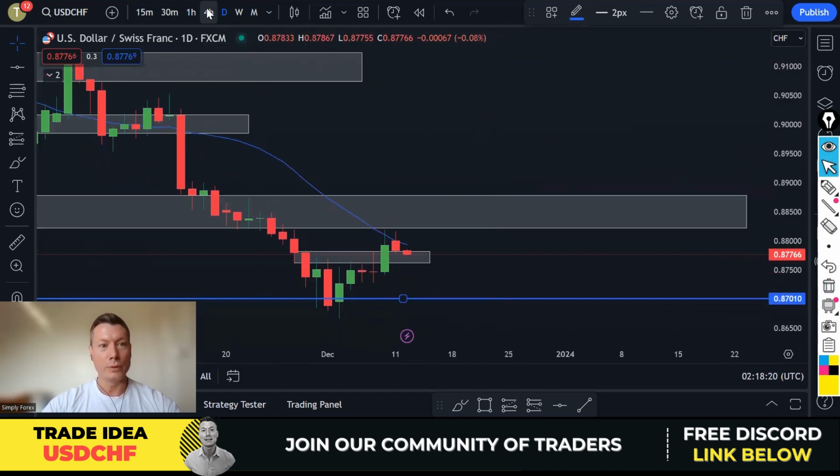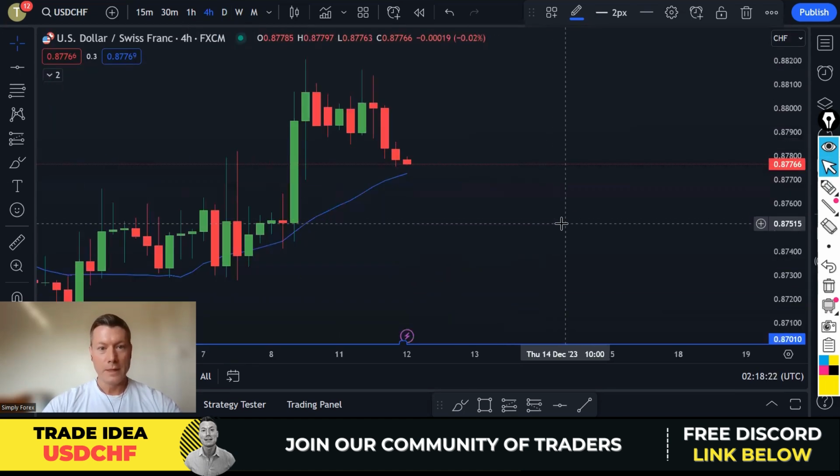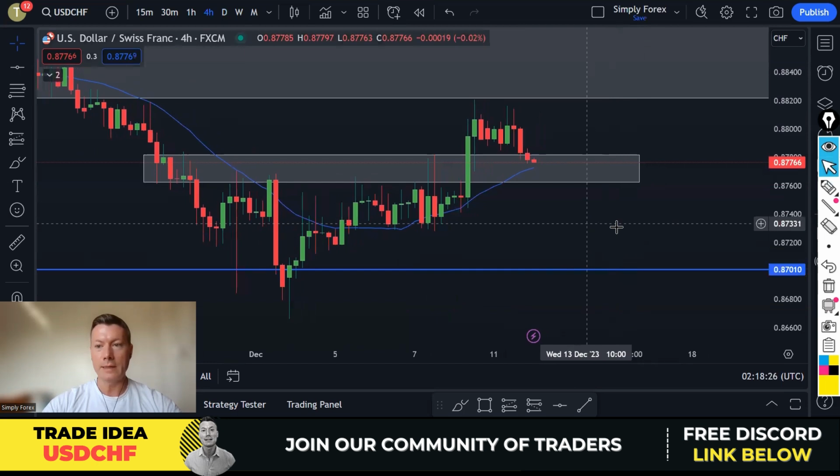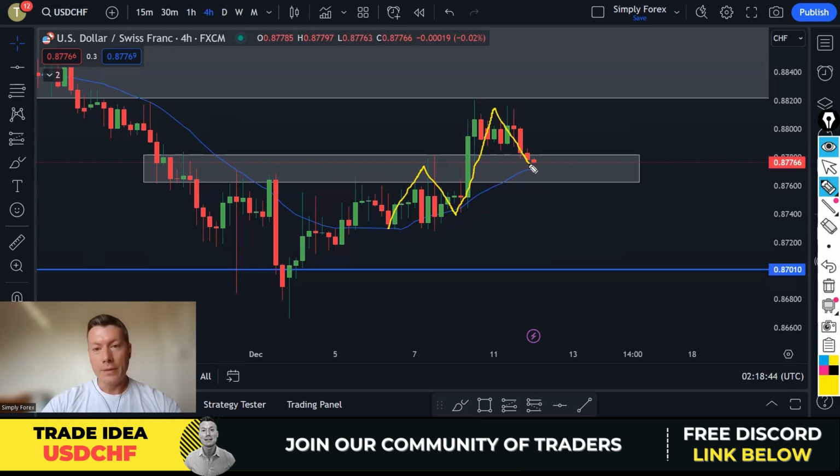So how are we going to execute this on the lower time frames? Well, if we go to the H4, guys, you can see there is an area through here. What was once support here became good resistance and then support again. So what I want to see, because we are in a H4 uptrend, you don't have to be Warren Buffett to see that, is this happen, guys.